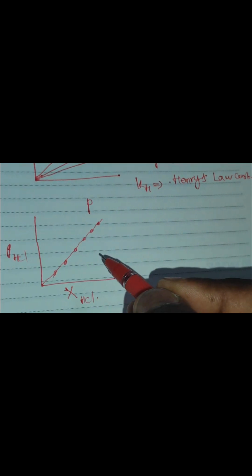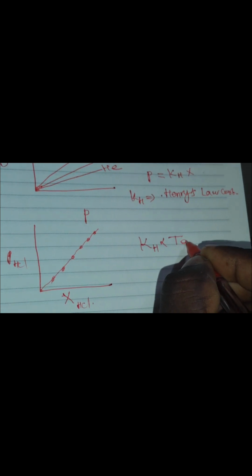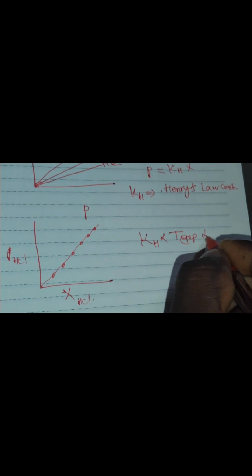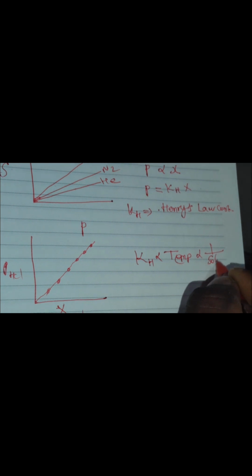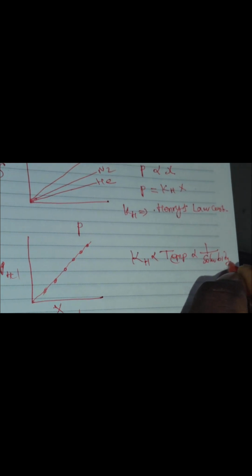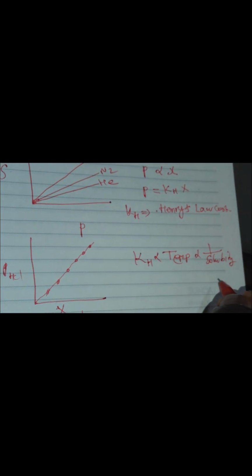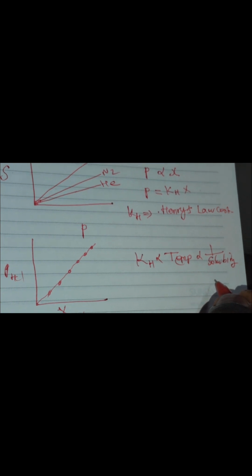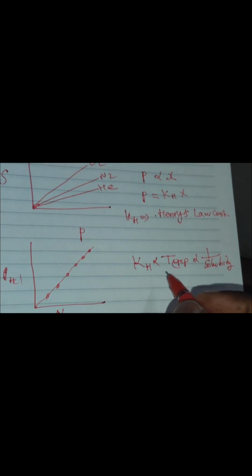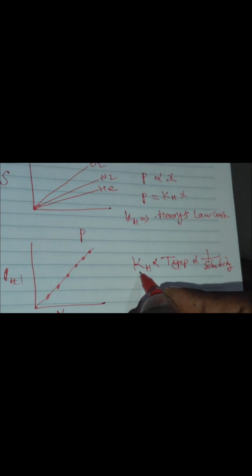In general, the Henry's law constant kH is directly proportional to the temperature and inversely proportional to the solubility. We already know that temperature is inversely proportional to solubility, and temperature is directly proportional to kH.